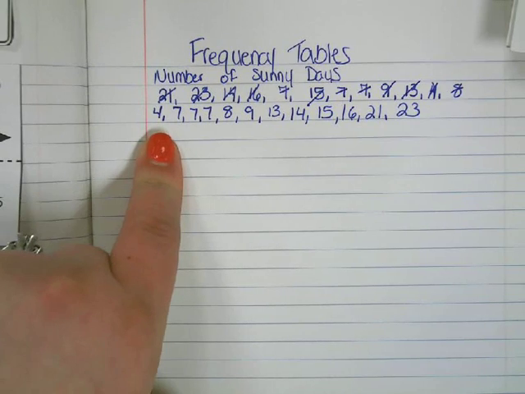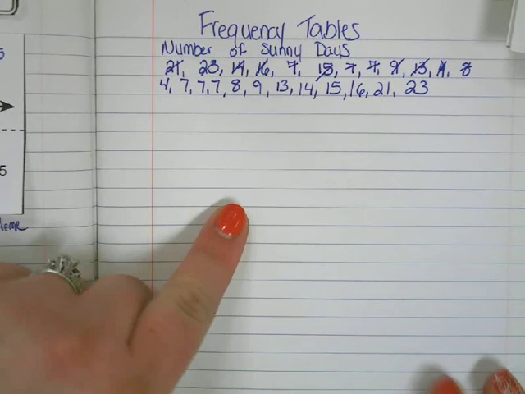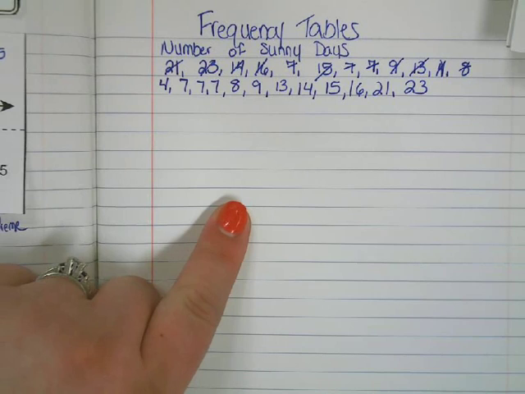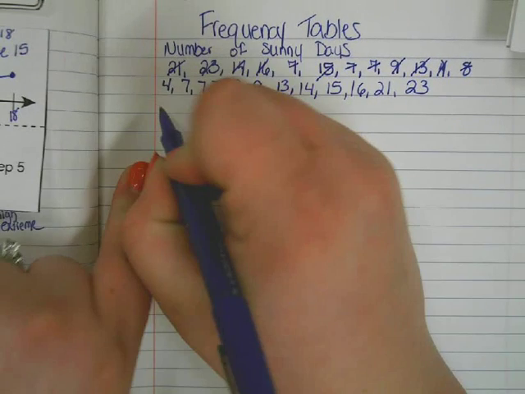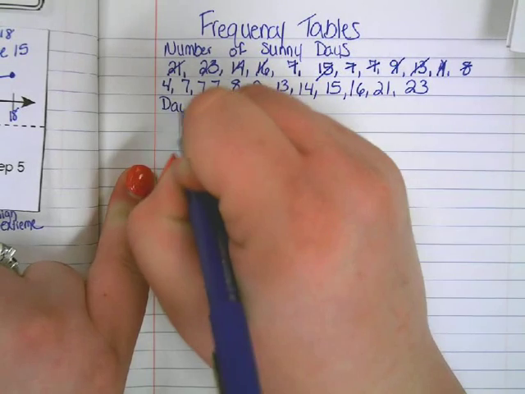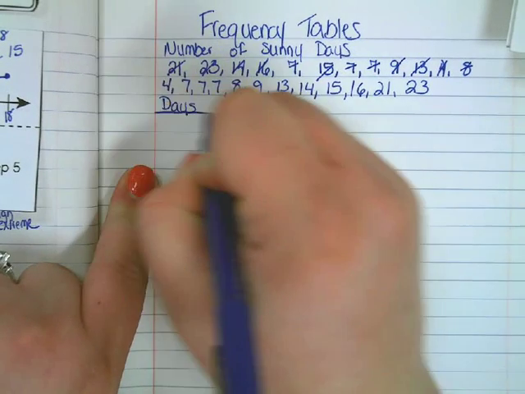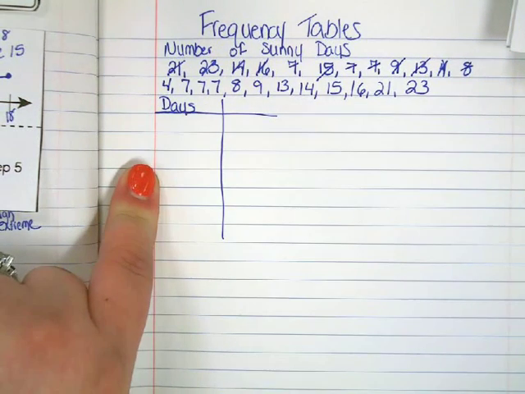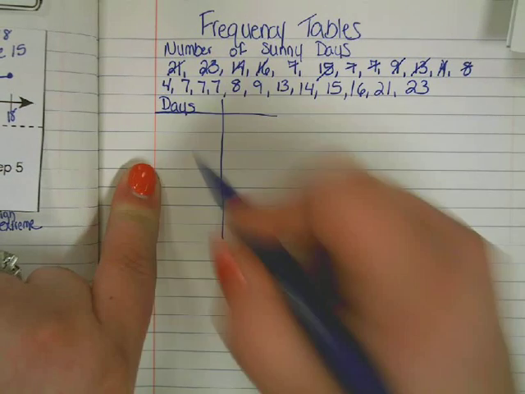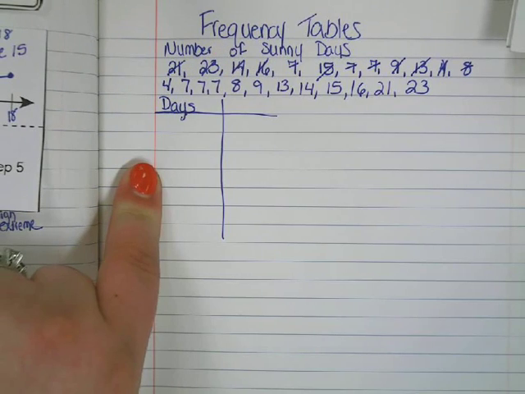Okay? Now I want to create a frequency table. When I create a frequency table, I'm going to have my label in the first column. So I'm going to call this days. The next column is what we call a tally.